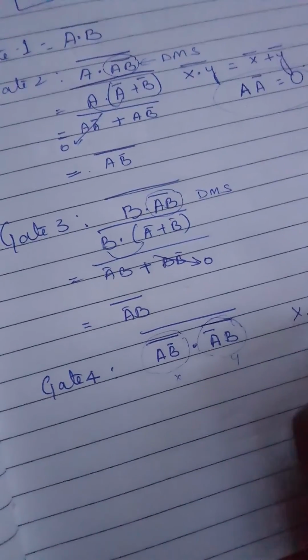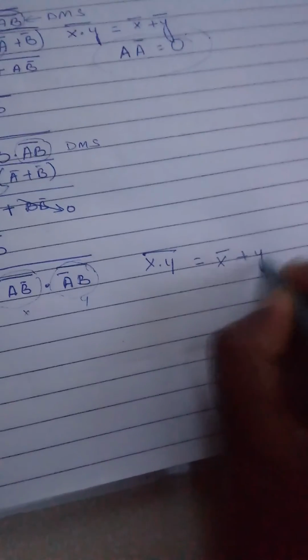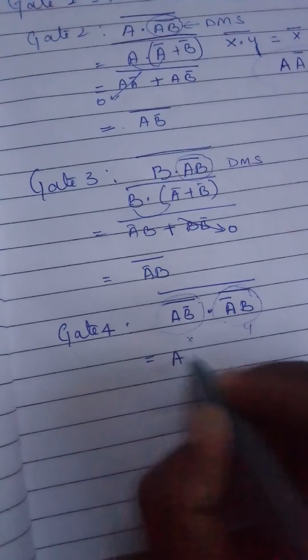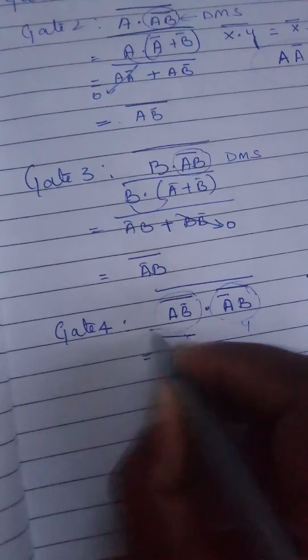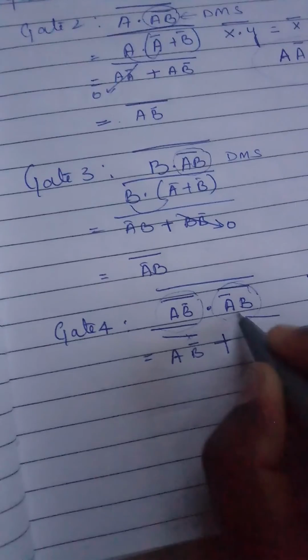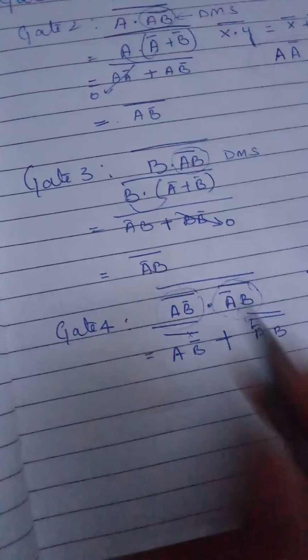We have (x dot y) complement to be x complement plus y complement. So this becomes (A B bar) complement complement plus (A bar B) complement complement.